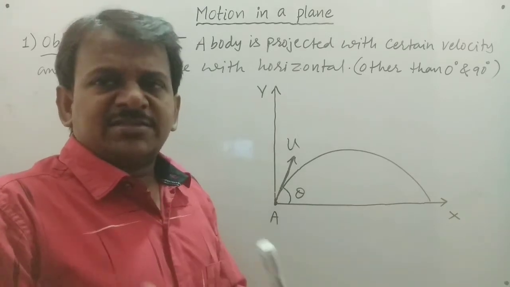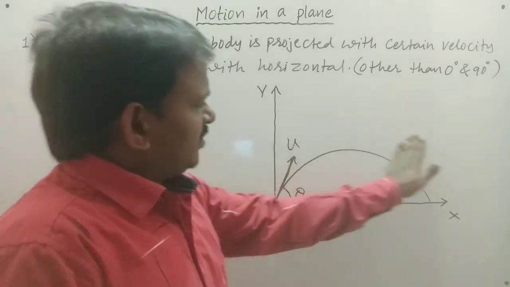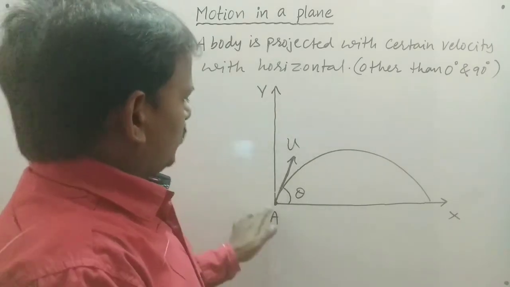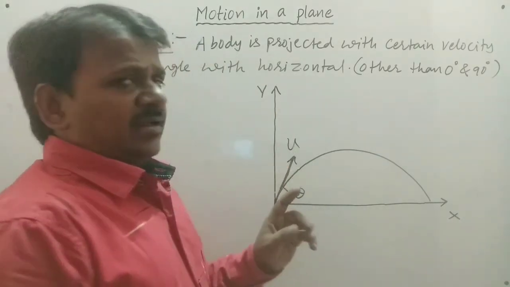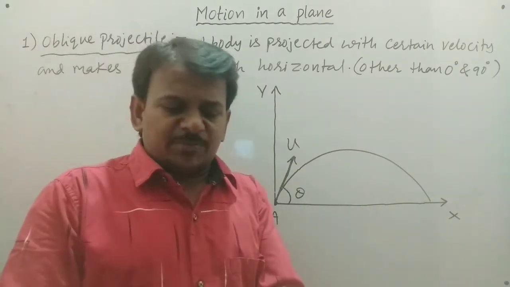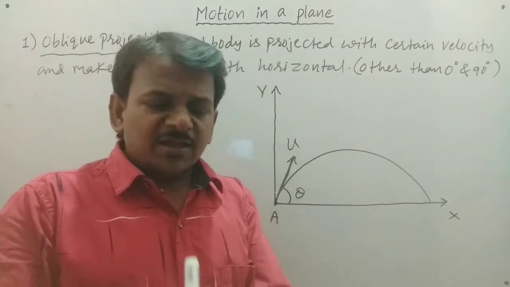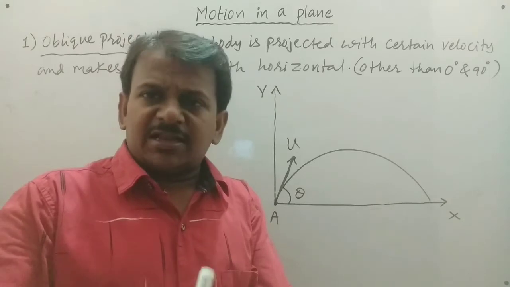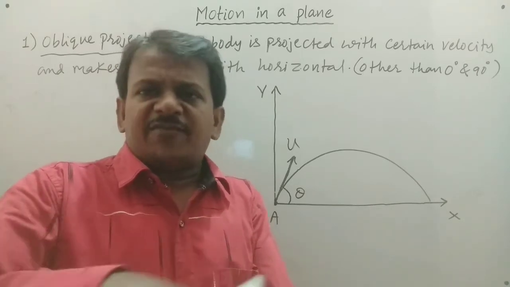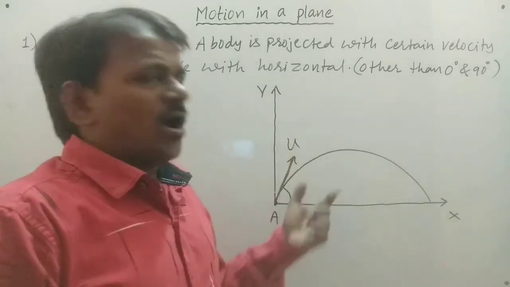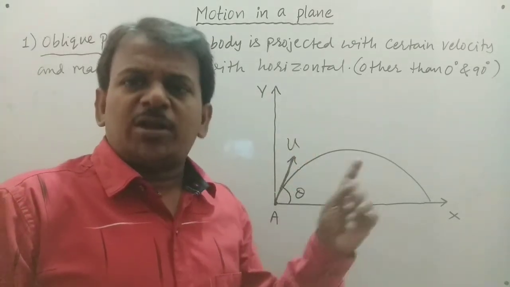Let us see. To describe this motion, we have to take the help of the coordinate system. In this, displacement, initial velocity, final velocity, and acceleration all have two components. Why? Because it is two-dimensional motion.